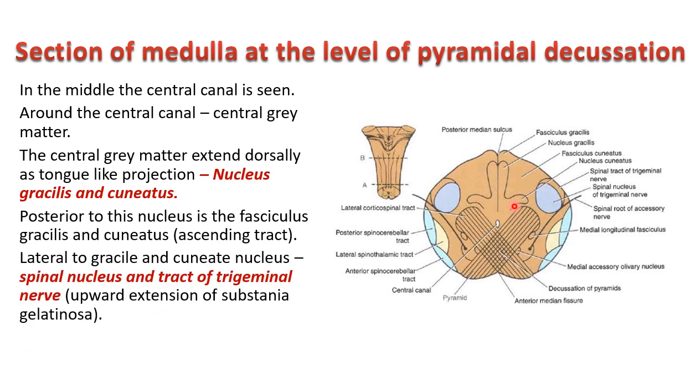Then more laterally, you are able to see the spinal nucleus of trigeminal nerve, and then you have the tract, the white matter, the tract of the spinal nucleus of trigeminal nerve. This nucleus mainly receives afferent fibers, sensations from your face and mucous membrane of your nose and mouth.